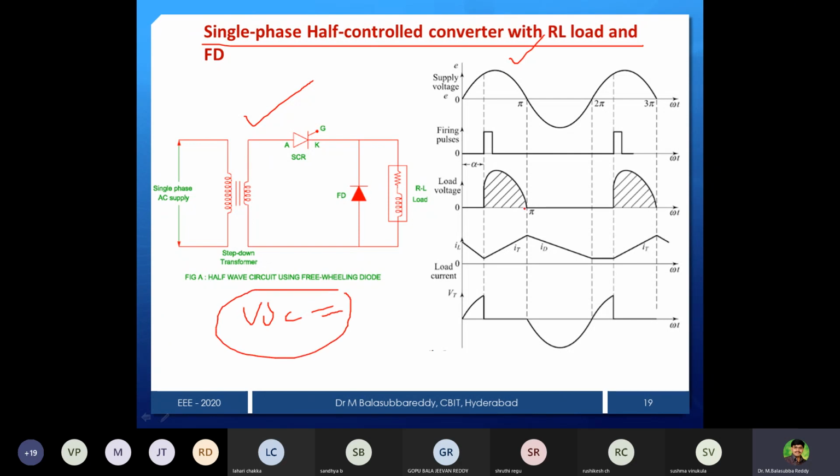What is the impression? We are avoiding the negative conduction. The current waveform will be improved. You can see that compared to the earlier current waveform, the ripple will be minimum. The current waveform will be improved, negative conduction is not there and the power factor will be improved. These are the advantages or effects of the freewheeling diode. So that way we can conclude the effect of the freewheeling diode.